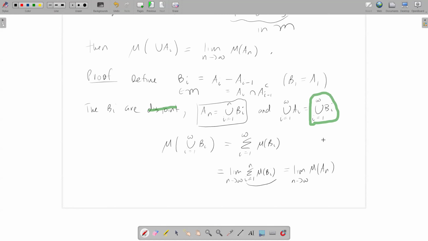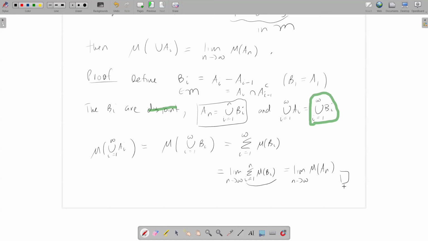Feel free to think about that if you want. But basically, this has to equal that. And so we get this. And then let's not forget that this is equal to the union of the A_i's as well. Okay, so QED, right? That's our result right there.